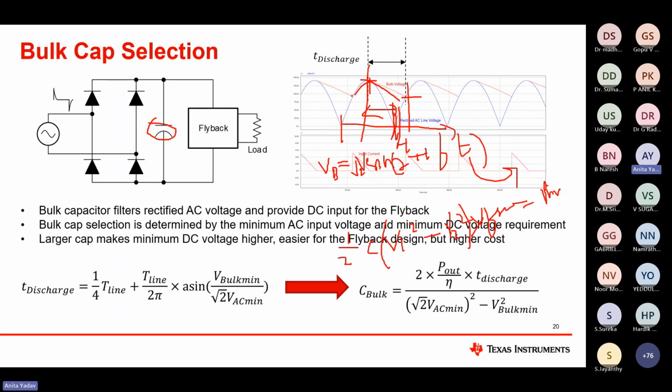Input power is equal to output power by efficiency, and then we do the calculation for this C, and we end up with this equation. So the bulk cap can be calculated using this formula: 2 into P out by efficiency into T discharge, divided by root 2 VAC min square minus V bulk min square.